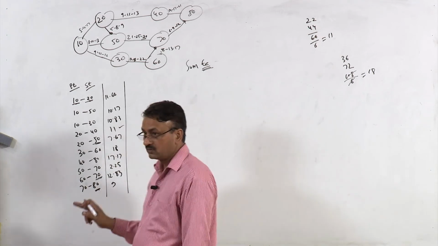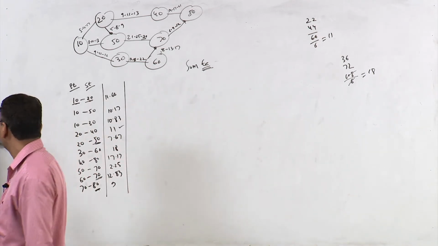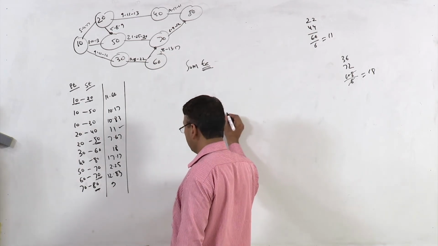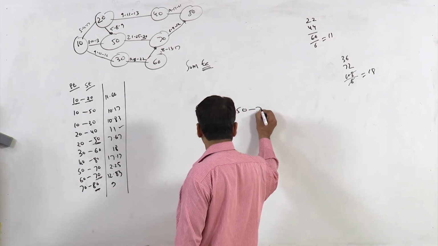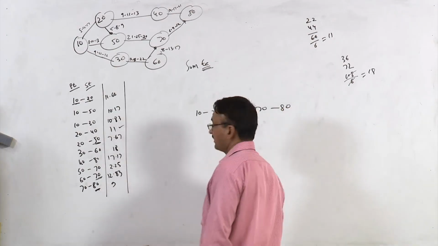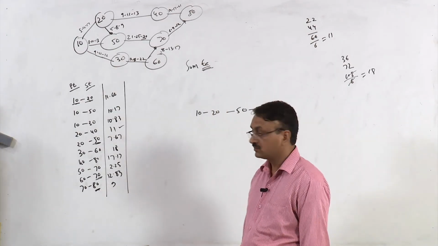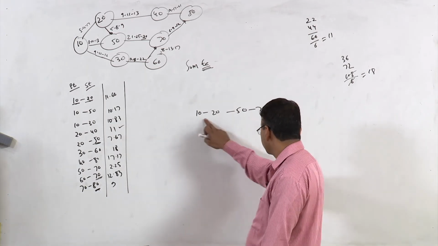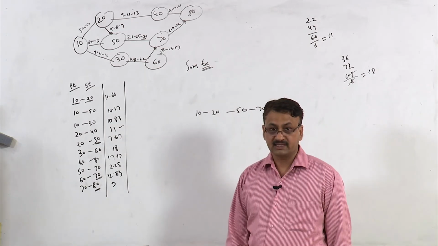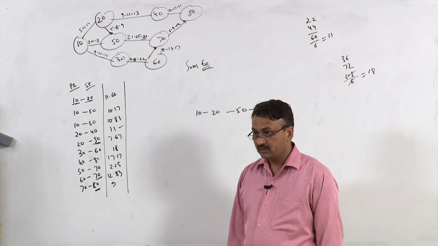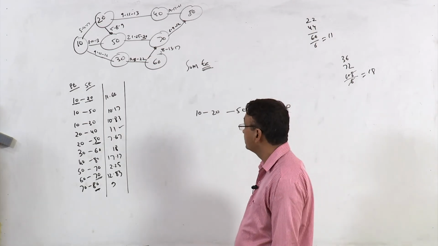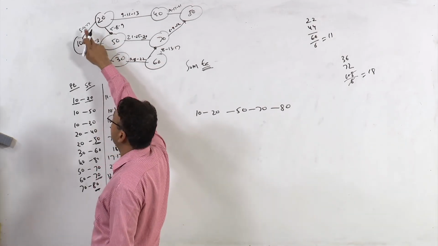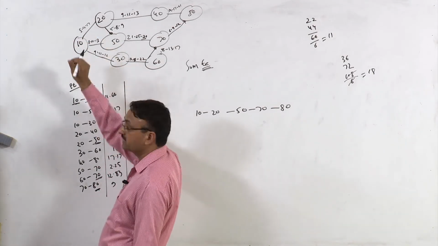Since we know this is the critical path 10, 20, 50, 70 and 80, we also know the three time estimates for all these activities, right. So for 10 to 20, these are different time estimates, 5, 12 and 17, right.